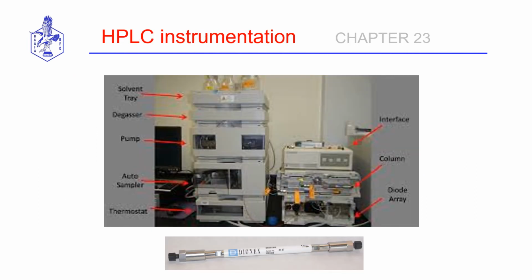Our final consideration are the instrumental components in a high-performance liquid chromatograph. So here's a nice picture of an HPLC. Okay, at the top we have a solvent tray over here.